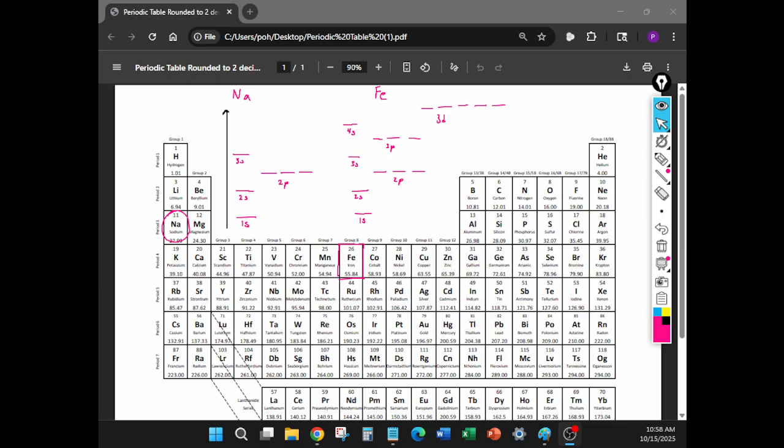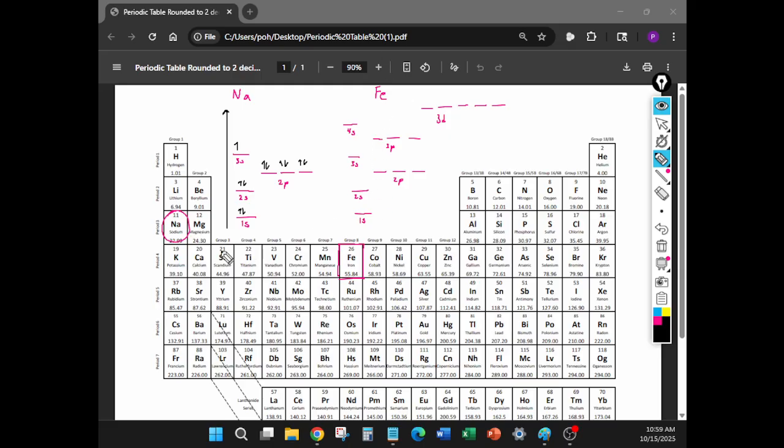So we're going to start with sodium. Sodium is the first box in the 3s. So we just need 1 electron in the 3s, and then everything else we can just fill in. Okay, super easy. All right, let's go to iron now.